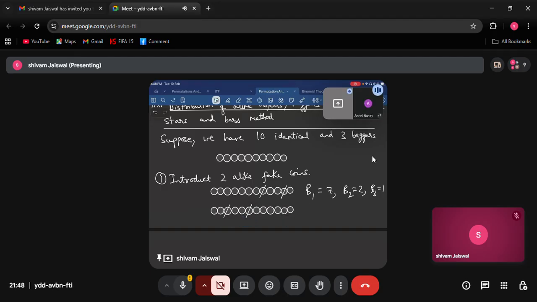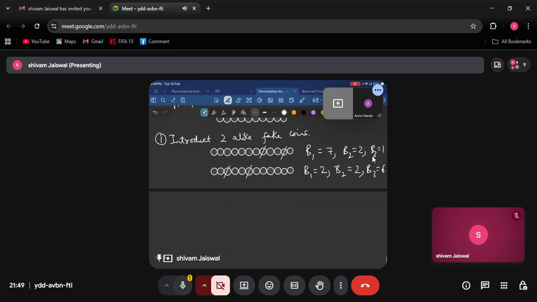Over here, tell me, first beggar is getting how many coins? 2. Second beggar is getting 2. Third beggar is getting 6 coins. So write it down.